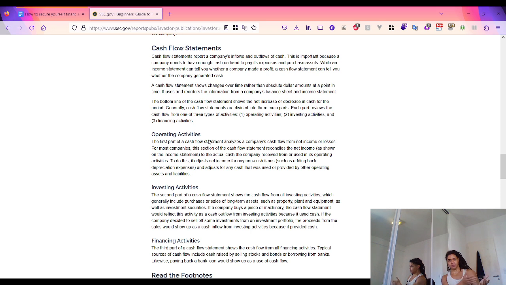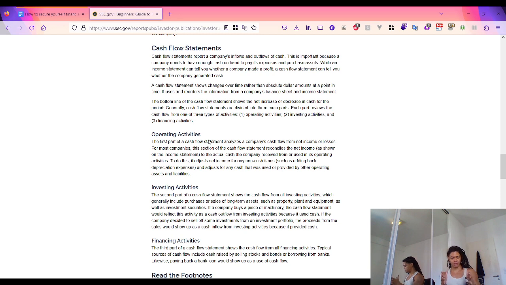While the income statement can tell you whether a company made a profit, a cash flow statement can tell you whether a company generates cash. And this is something done over a period of time.